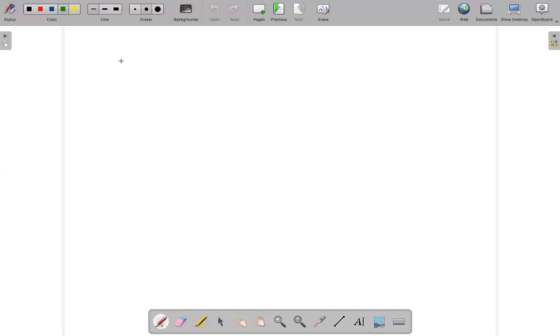Now, there can be different ways of categorizing a graph. The first categorization that we will look into are the undirected and directed graphs.